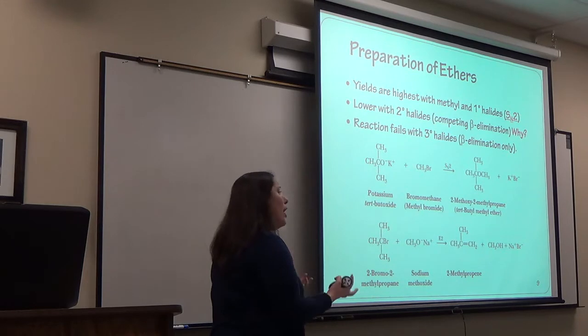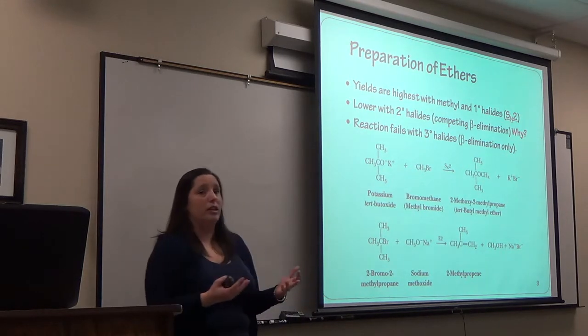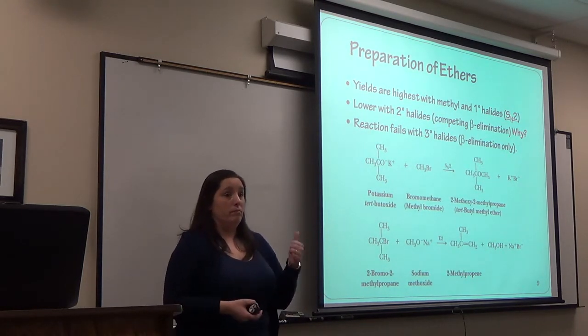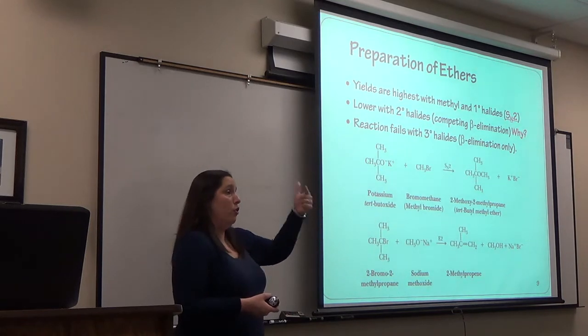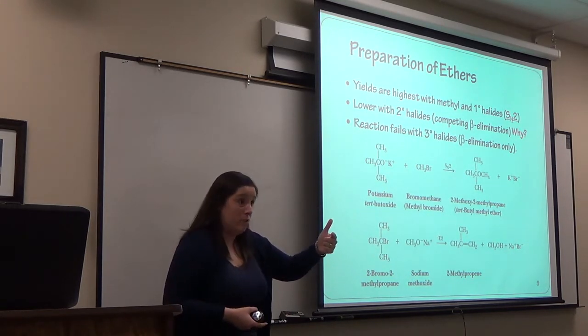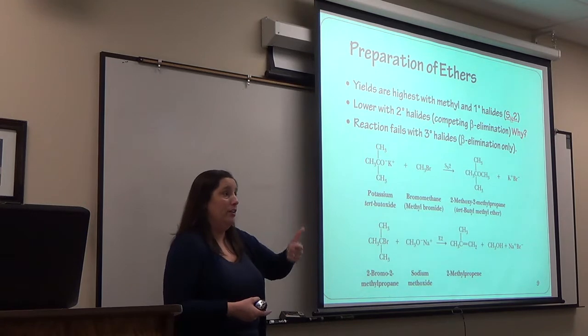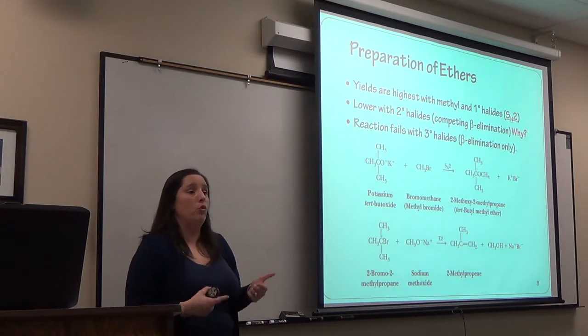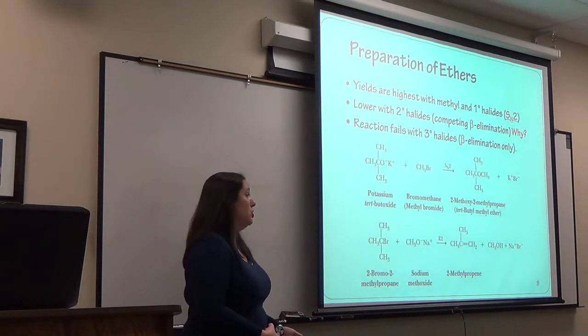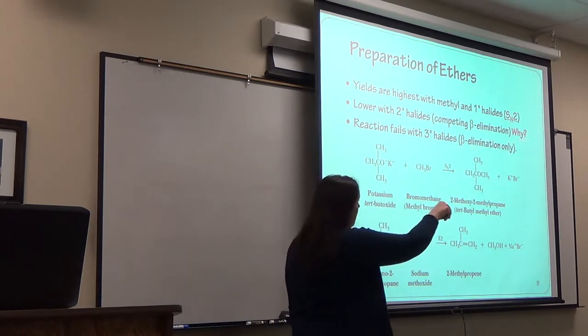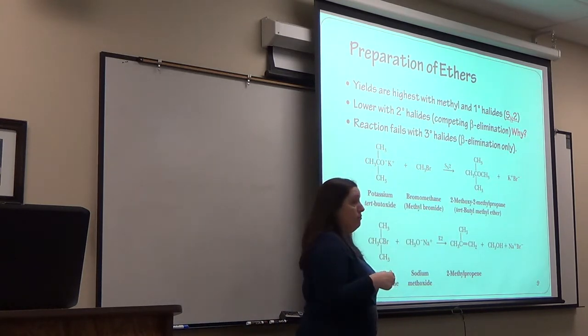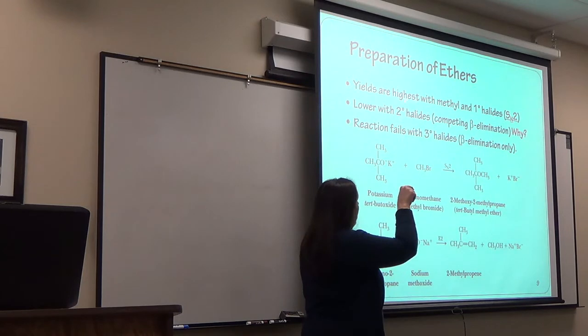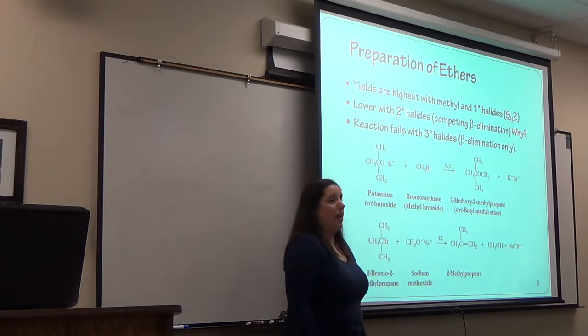So there's a requirement for this reaction, and it is what? A primary or methyl halide. That's what you're looking for. If it's a tertiary halide, will you have the ether synthesis? No. You'll have elimination only. And what about the secondary? How many products are you going to have to draw for that?